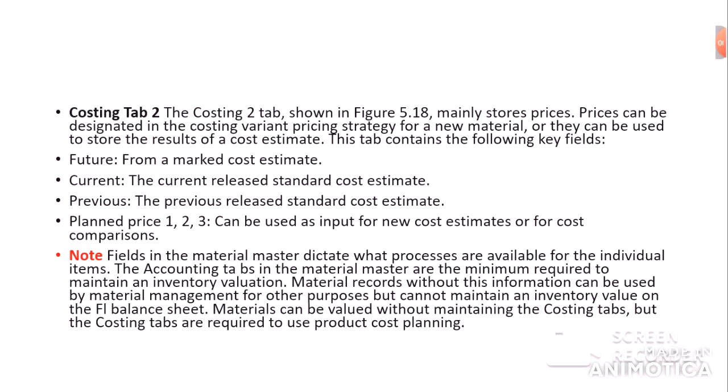Planned price can be used as input for new cost estimates or for cost comparisons. Fields in the material master dictate what processes are available for the individual item. The accounting tabs in the material master are the minimum required to maintain an inventory valuation. Material records without this information can be used by material management for other purposes but cannot maintain an inventory value on the FI balance sheet.